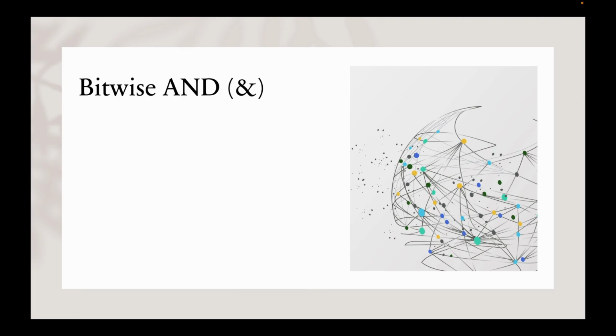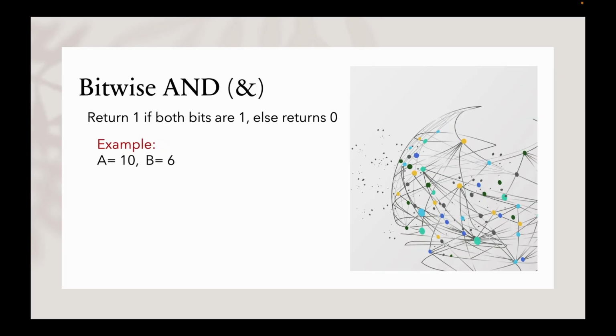The bitwise AND operator compares two numbers and returns 1 if both bits are 1, else it returns 0. Now let's see the example. We assume A equals 10 and B equals 6. The binary representation of 10 is 1010 and the binary representation of B, that's 6, is 0110.